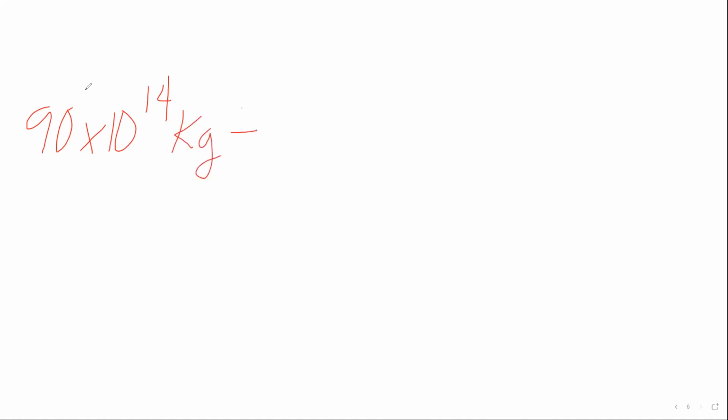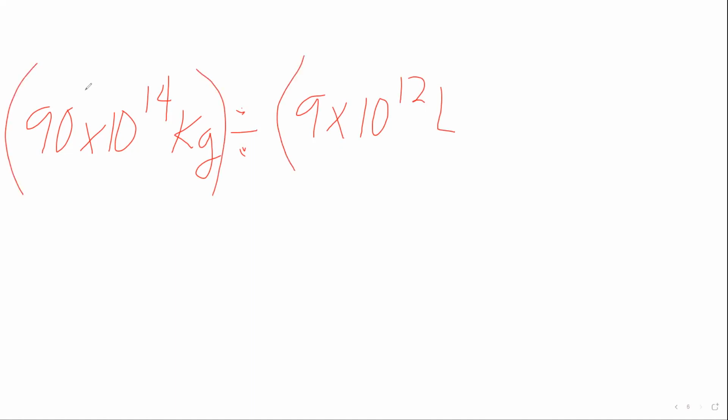And this is division, remember, so we're going to divide it by 9 times 10 to the 12 liters, which is okay because we're dividing. So it's okay to do kilograms per liter. So remember, this is one thing, this is the other thing, okay? So when we divide 90 over 9, that gives us 10, right? We got that part. All right, so that's what we have to do first. We have to do the division.